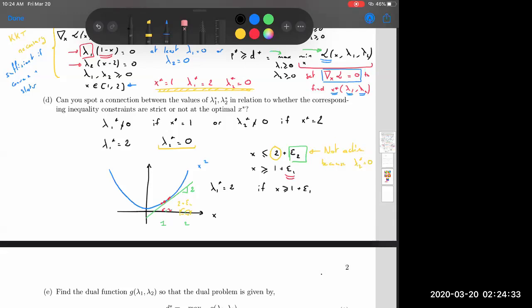So if you move a little bit your constraints, then your new optimal value is equal to your old optimal value plus lambda 1 star times epsilon 1. And this is called sensitivity analysis using dual variable.